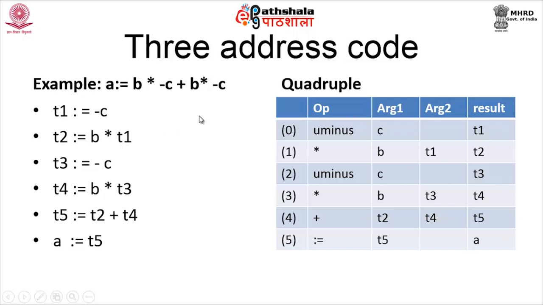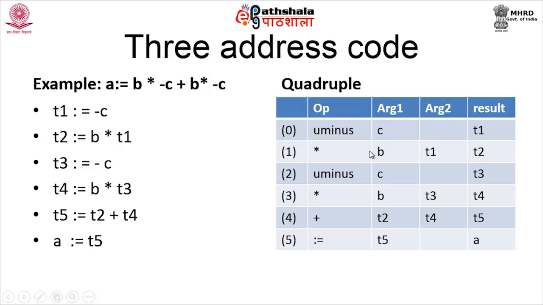So the first one has an operator unary minus, operand C, and the result is stored in T1. The second one is B into T1, where B is an argument, T1 is one more argument, operator is star, and the result is stored in T2.